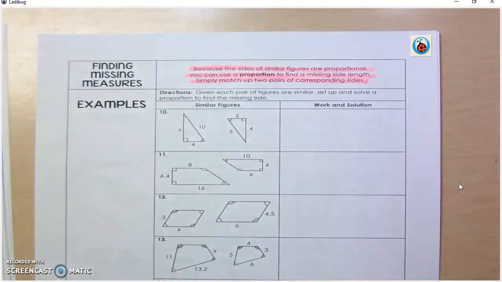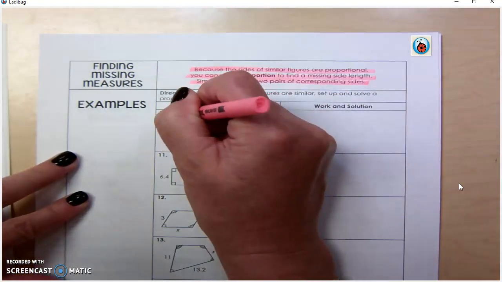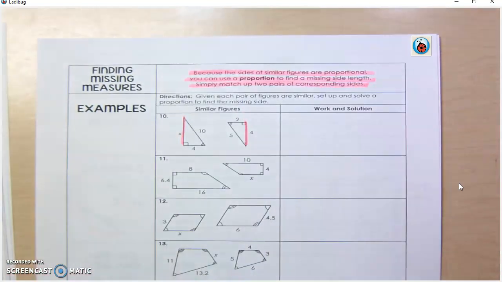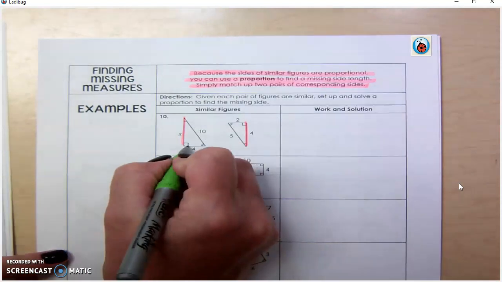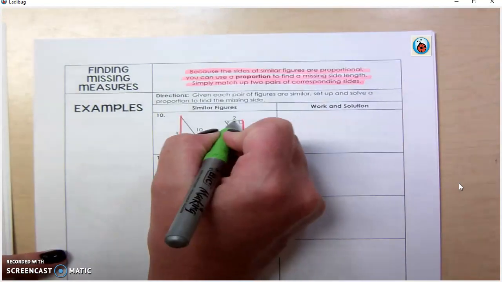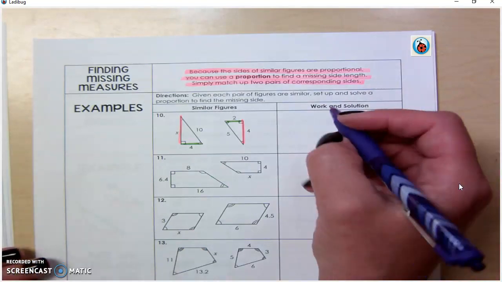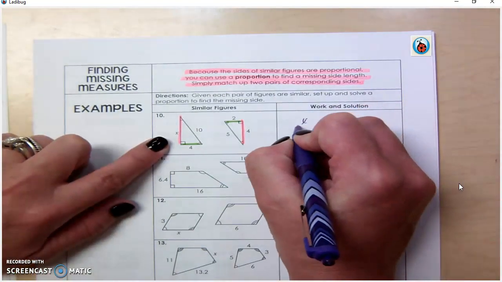So we're going to be setting our proportions and solving them. As before, guys, take a moment to label your corresponding sides. They do not necessarily have to be this colorful, but I wanted to make sure that you are helping yourself to have a wonderful, correct, clean workspace where you're not making any mistakes.